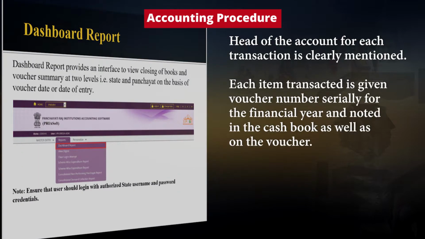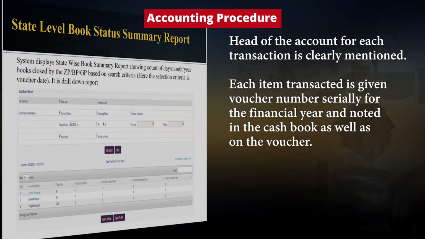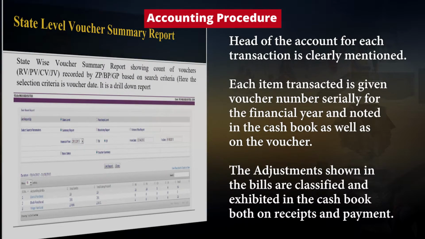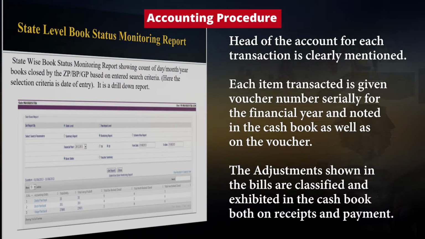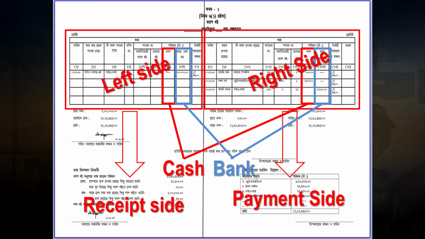Each item transacted is given a voucher number serially for the financial year and noted in the cash book as well as on the voucher. The adjustments shown in the bills are classified and exhibited in the cash book, both on the receipts and payment side. The last entry in the cash book is the closing balance of cash on hand and in the bank on the right side.